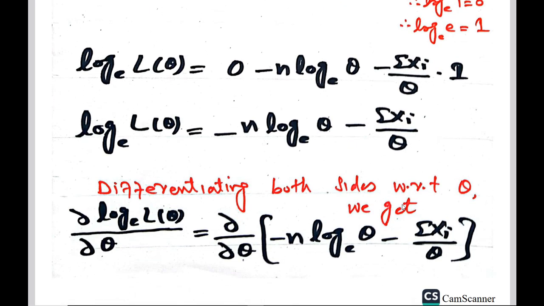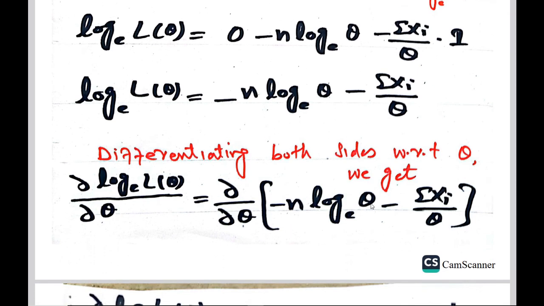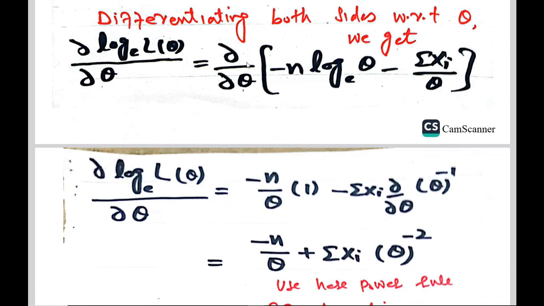Differentiating both sides with respect to theta, we get the partial derivative of log L of theta over partial theta of minus n log theta minus the sum of xi over theta. Applying the derivatives, minus n over theta, because the derivative of log of theta is 1 over theta.